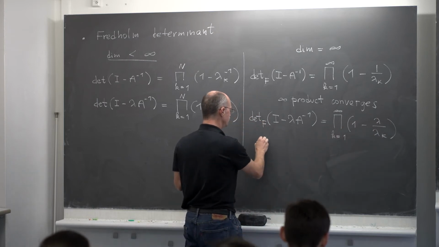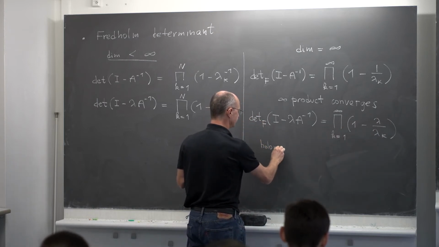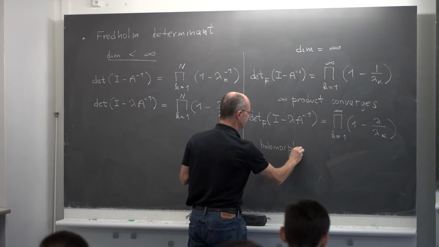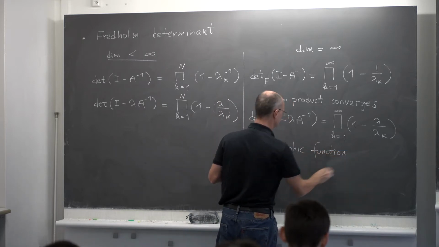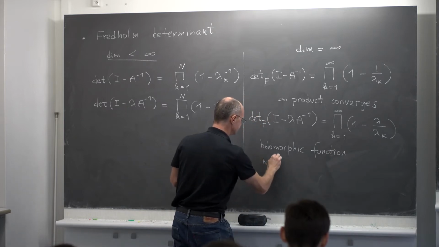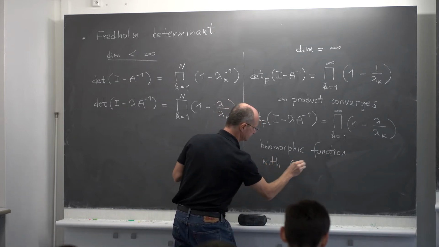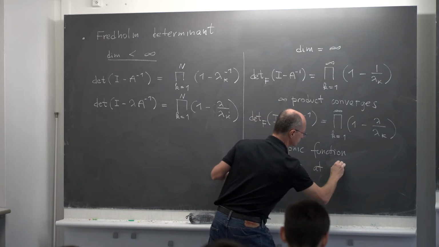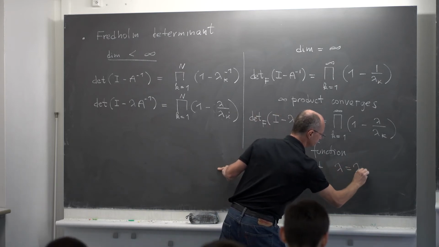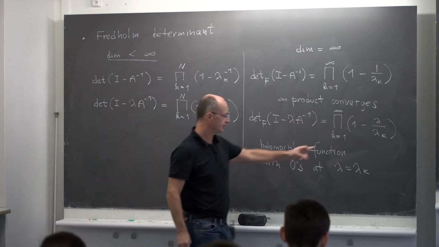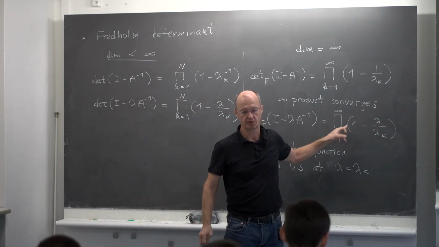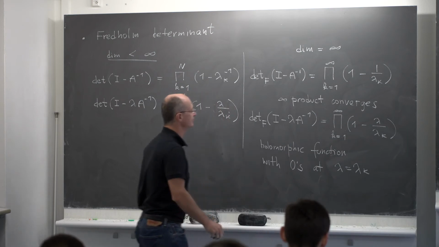So this infinite product defines a holomorphic function with zeros exactly at lambda equal to lambda k's, so where one of the factors vanishes.